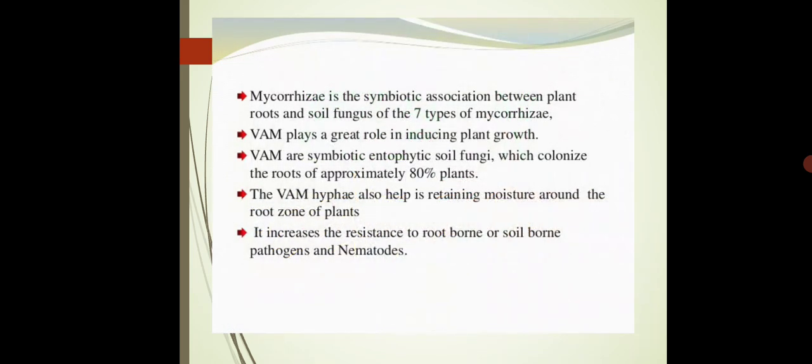Coming back to the introductory part. VAM hyphae means thread-like structures, the mycelium of the fungus. VAM hyphae help in retaining moisture around the root zone of plants. It increases the resistance to root-borne or soil-borne pathogens and nematodes.